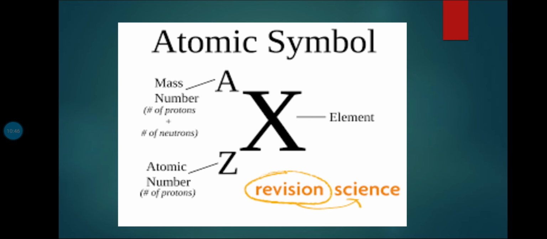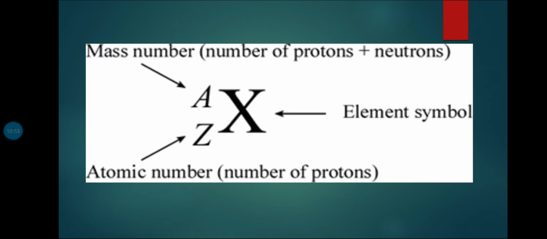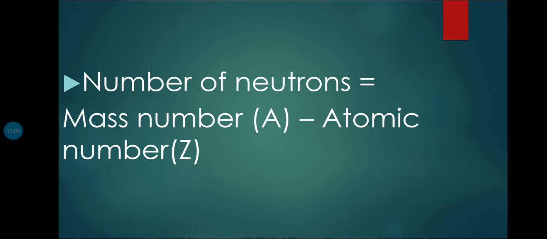The Z in the subscript indicates the atomic number, which indicates the number of protons. Number of neutrons is equal to mass number minus atomic number.